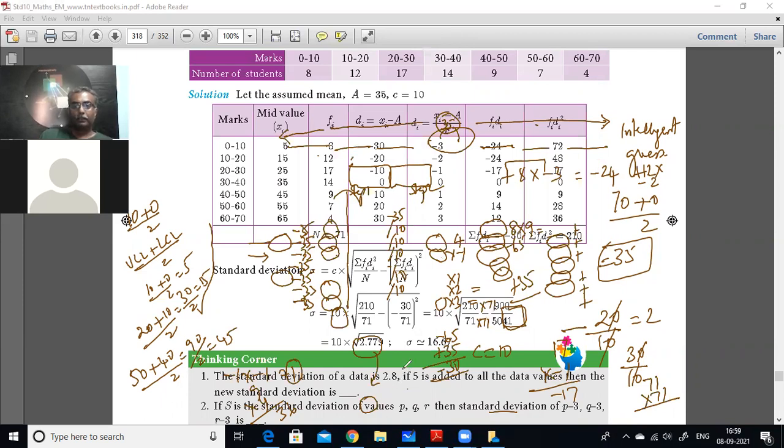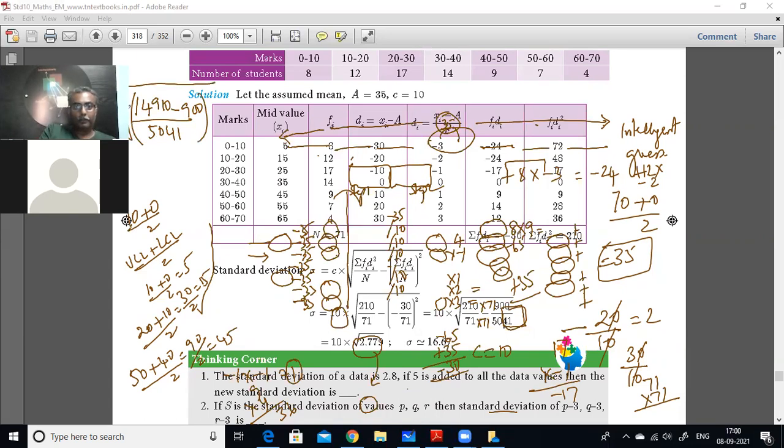So 210 into 71 minus 900. 210 into 71 is 14,910, by 5,041 minus 900, the whole root, into 10.